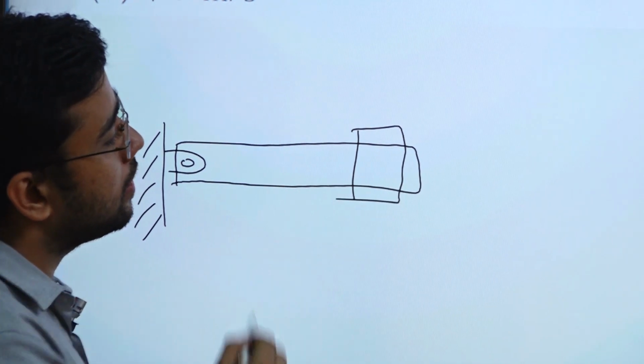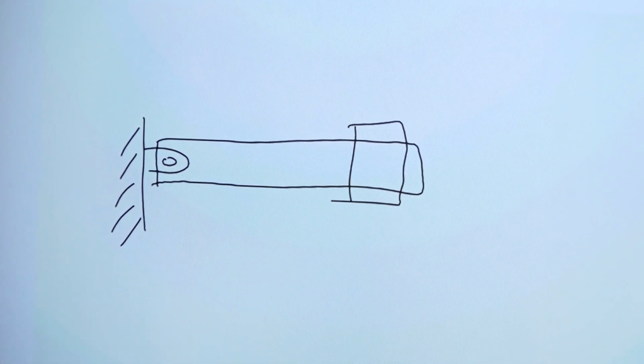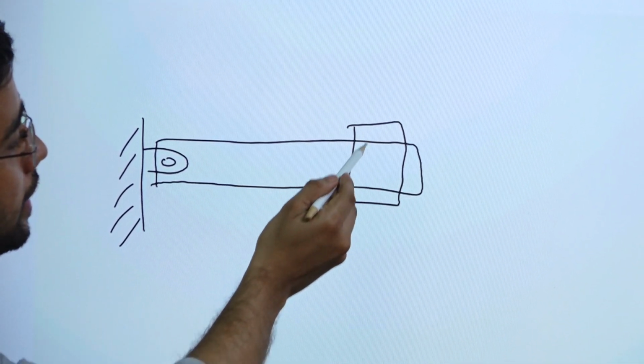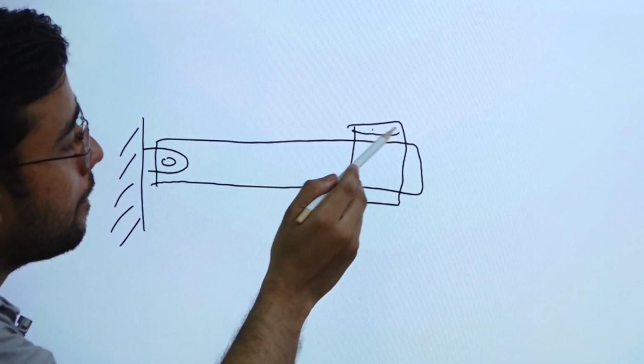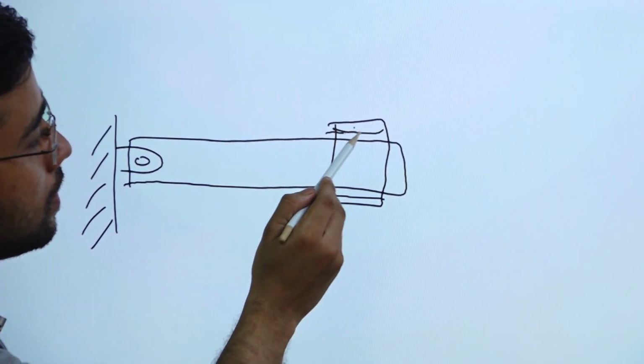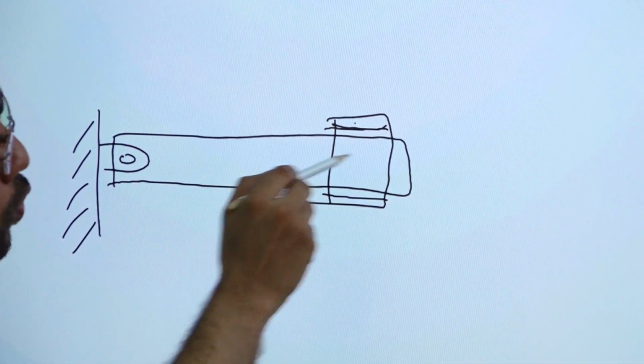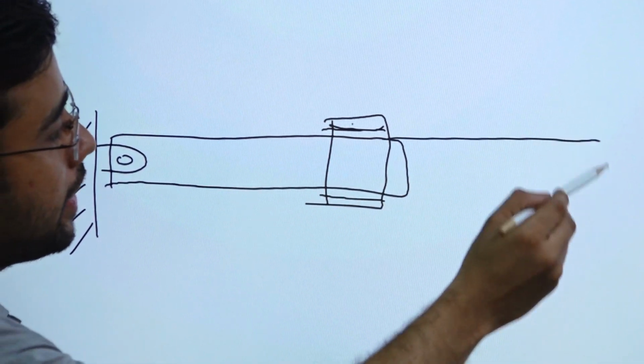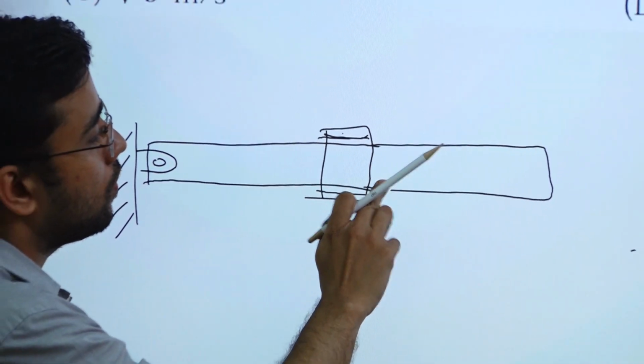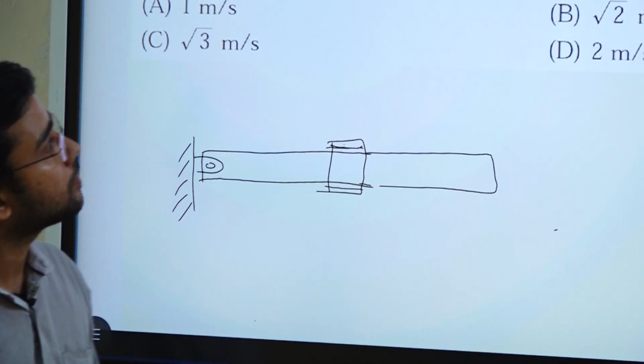We can assume that there is a slider here, and there is no friction between the slider and this rod. In that case this slider can freely move from one point to another point.